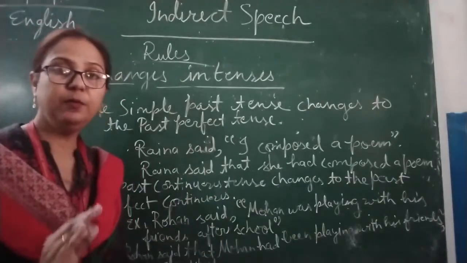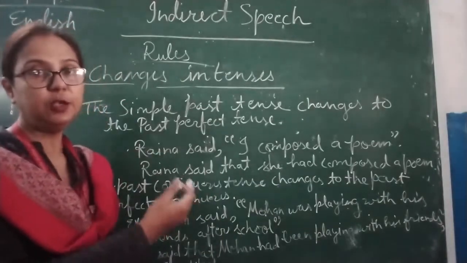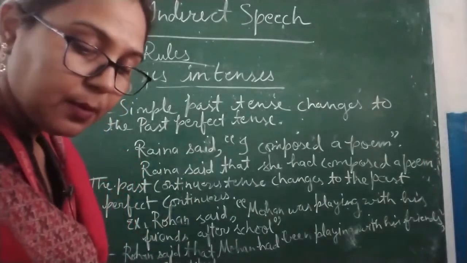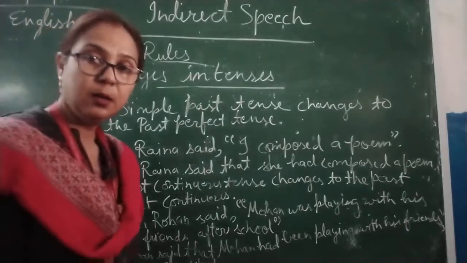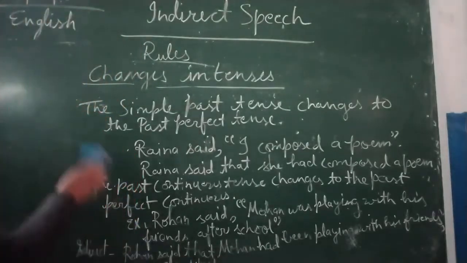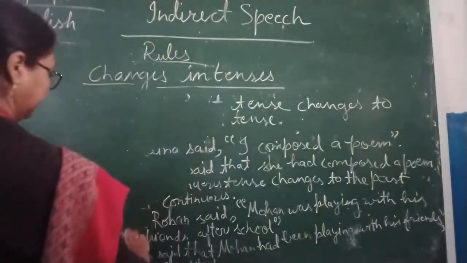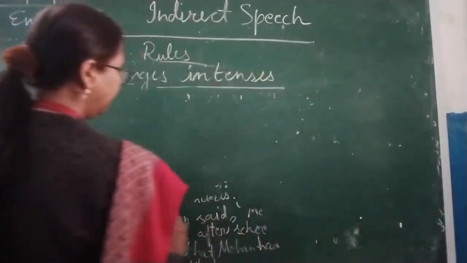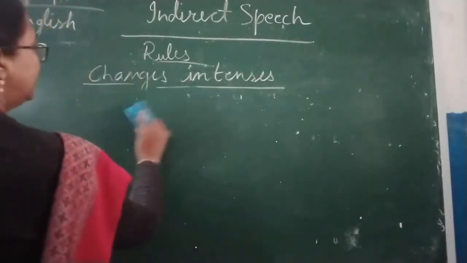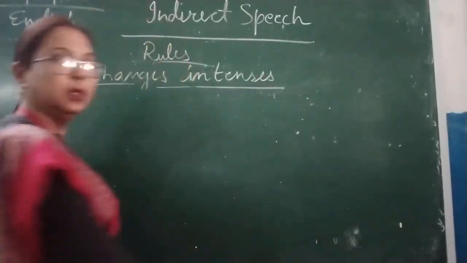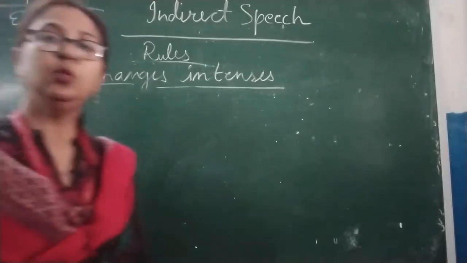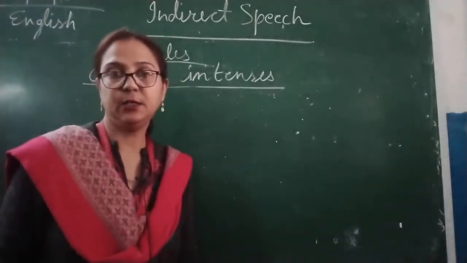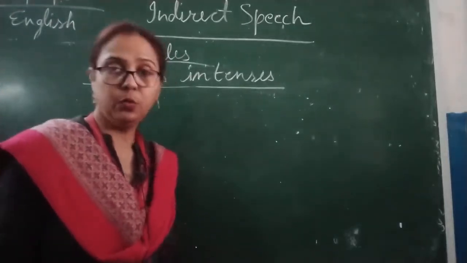So this is how we can change direct to indirect speech. Now a few more rules are left, so we will be continuing. I am giving examples to understand well. Okay, so you can practice. You can make more sentences. You can make more direct and indirect speeches according to the rule.